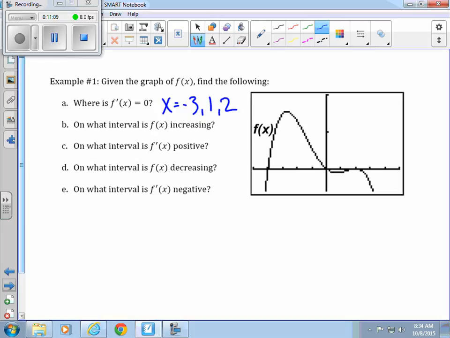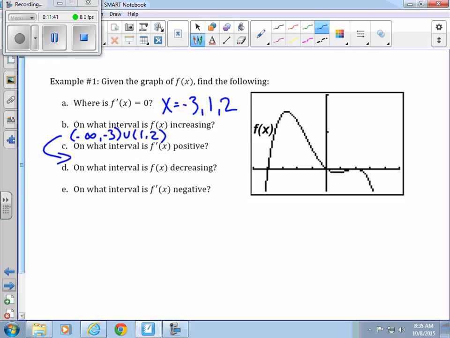On what interval is f of x increasing? Good. Where is f prime positive? That is almost a silly question. That's where I've asked increasing or decreasing. So what you learn from that is a function is increasing when f prime is positive and decreasing when f prime is negative.